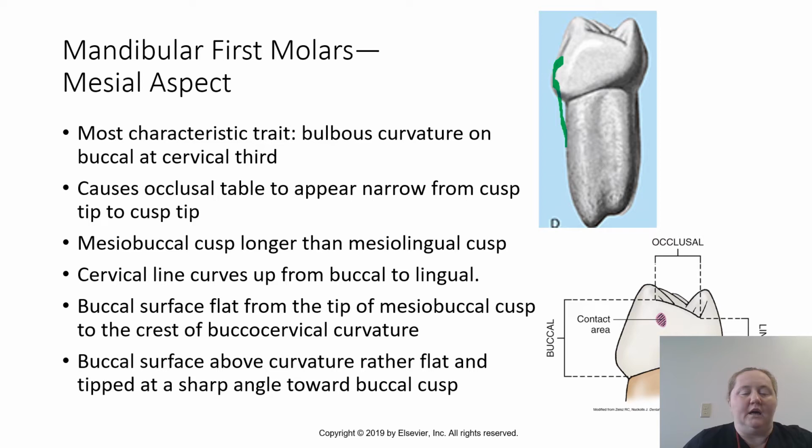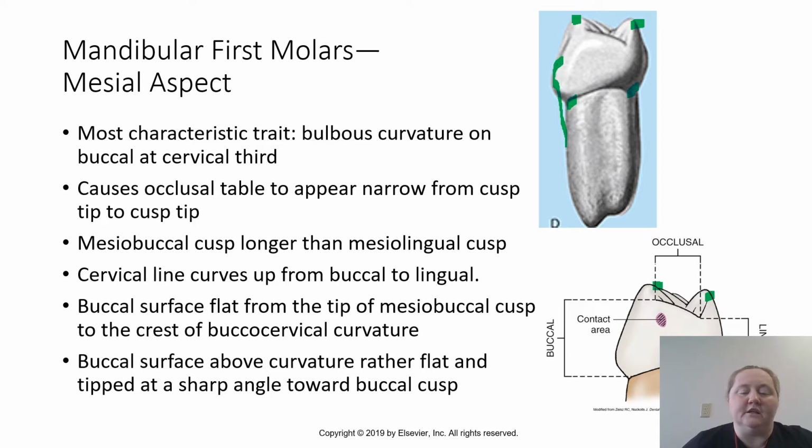All right. The mesial buccal cusp is longer than the mesial lingual cusp. You can see that here. Mesial buccal, mesial lingual. Same with down here, mesial buccal, mesial lingual. All right, the cervical line curves up from the buccal to the lingual. Okay, so you can see this line starts down here and ends up here.